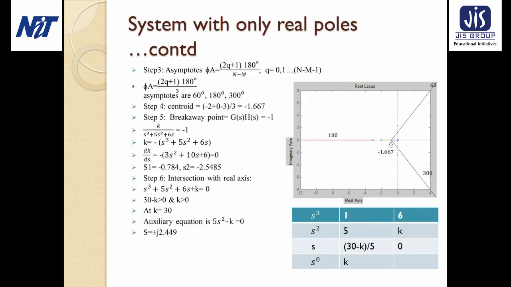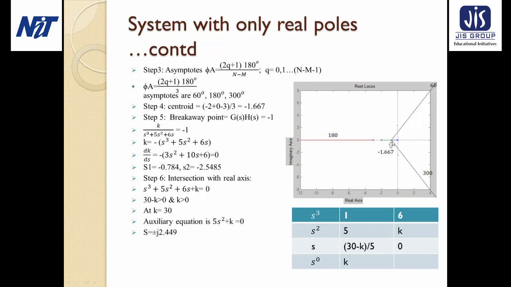Here the real parts of the poles are 0, -2 and -3, whose summation is -5. There is no zero in the given system, and the number of poles minus zeros is 3. So the centroid is at -1.667.